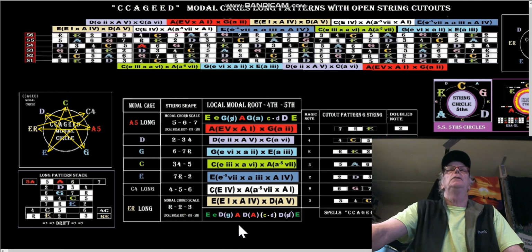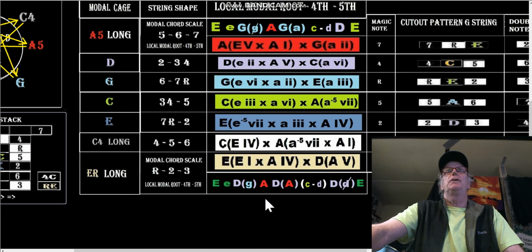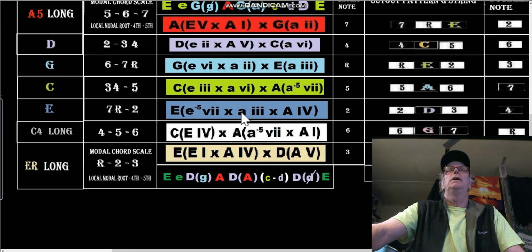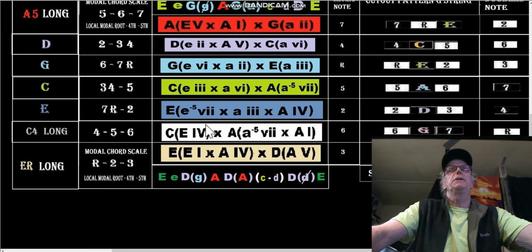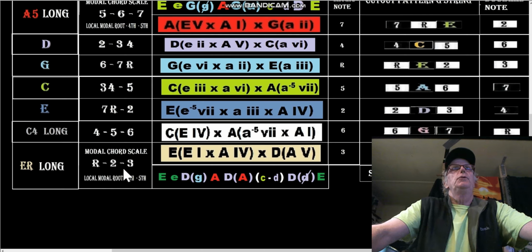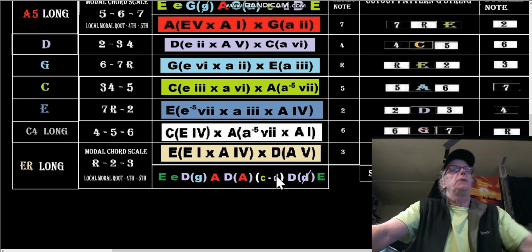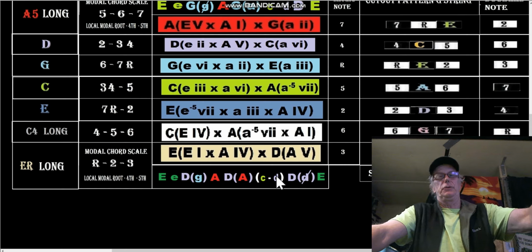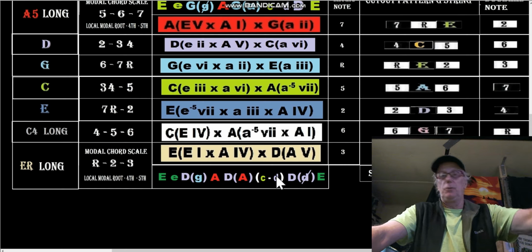Now it's a little difficult to see the difference because with the root 2, 3 box, we've got 1, 4, 5 anyway. So the first thing we start out with local in the Ionian, the local 1, 4, 5 is 1, 4, 5.